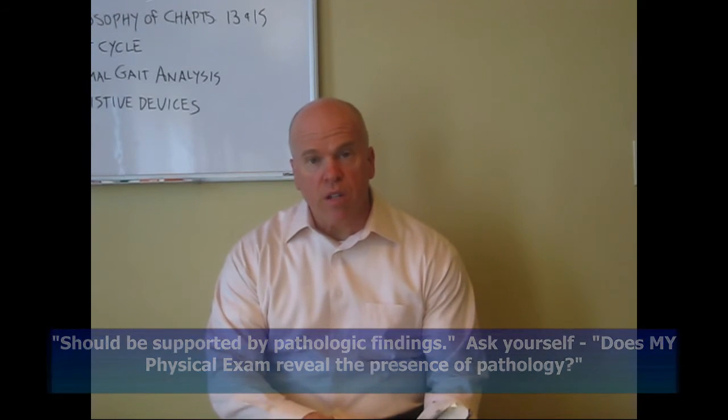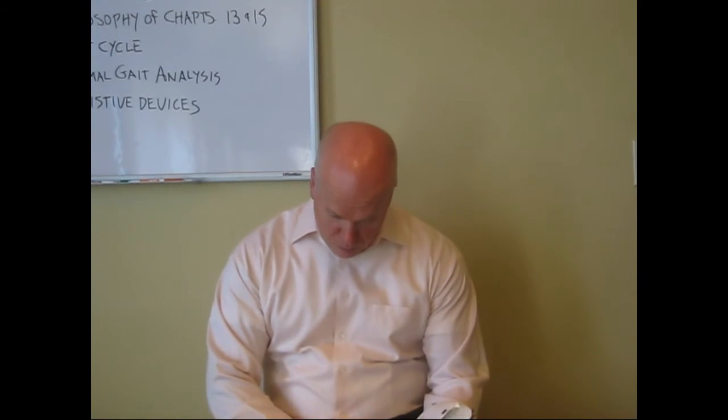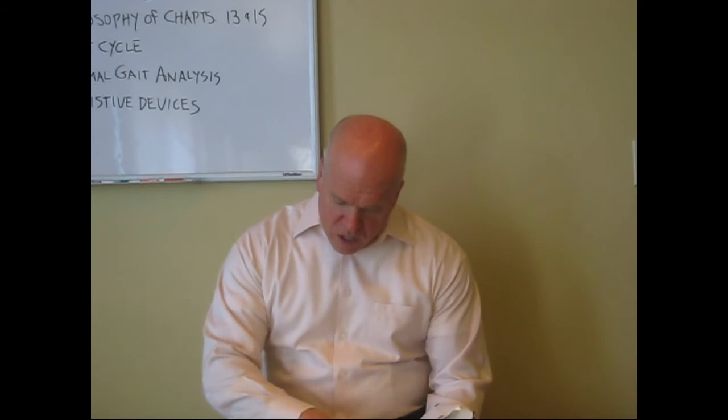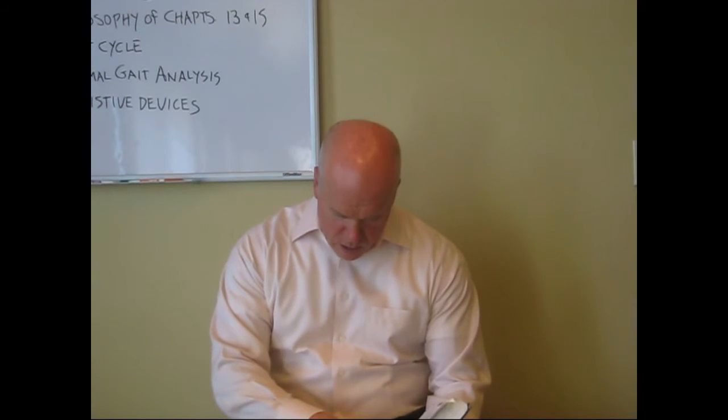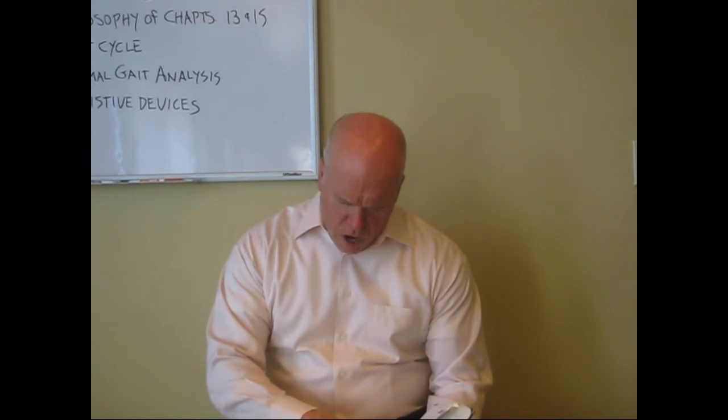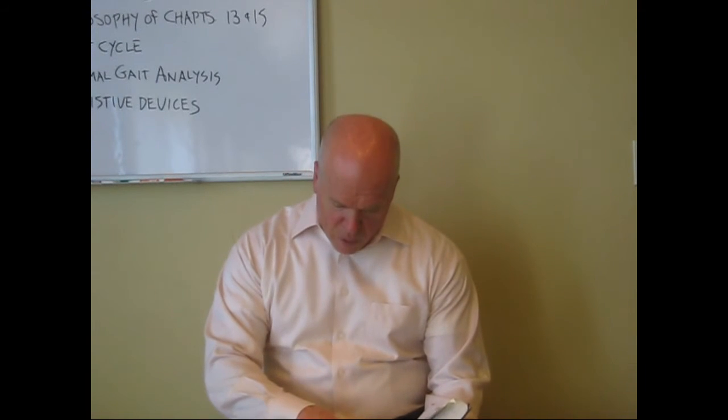Each of these derangements of gait should be associated with positive physical examination findings. Finally, it says, except as otherwise noted, the percentages are for full-time gait derangements of persons who are dependent on assistive devices.